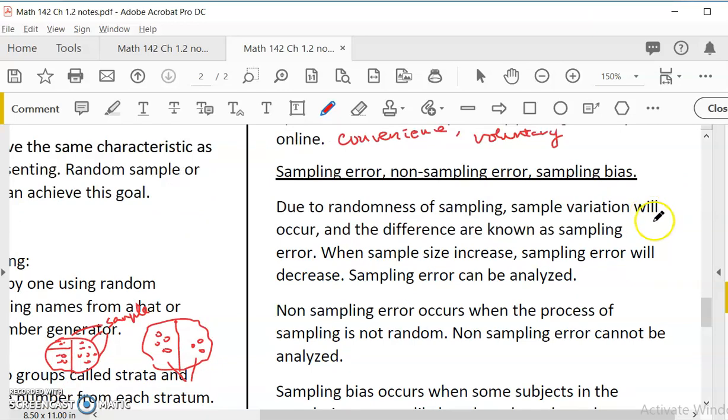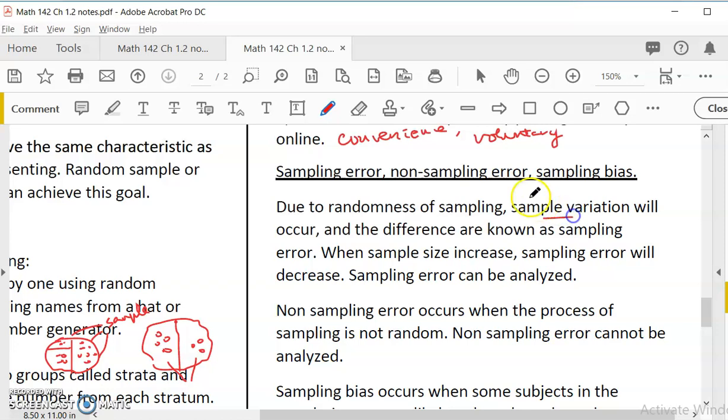The next thing we want to talk about is random sampling error, non-sampling error, and sampling bias. Because if we are selecting a random sample, due to the randomness of sampling, sample variation will occur.